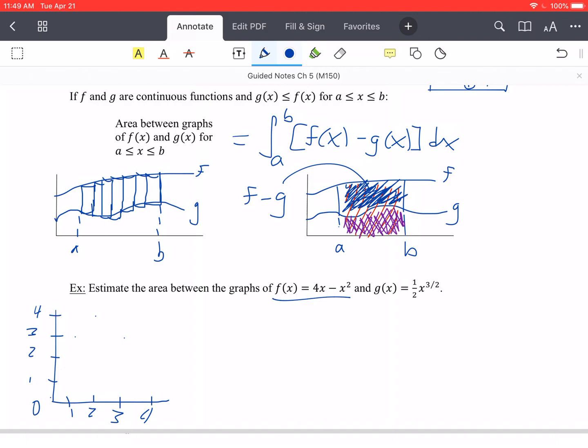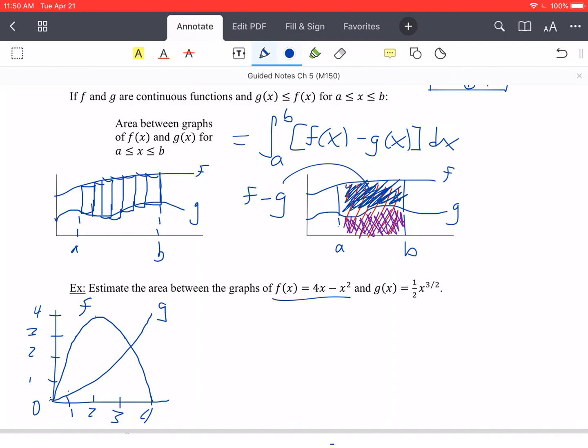So this function's going to look something like this. And then the other function, we've got 0, 0 on it. We've got 1 comma 1/2, and then if we jump up a little bit, we go up to 4, 4. So this one's going to look something like this. Okay, so this is f, this is g.